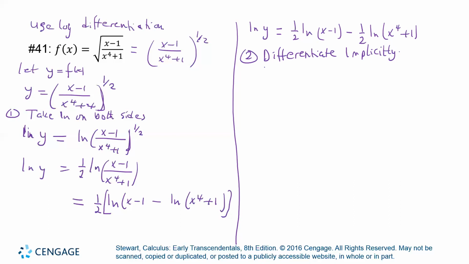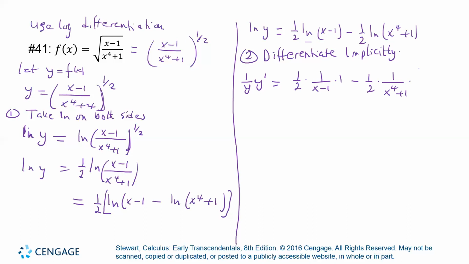So that will give me 1 over y times y prime is equal to, differentiating implicitly, 1 half times 1 over x minus 1 times 1. If you differentiate x minus 1, you get 1.